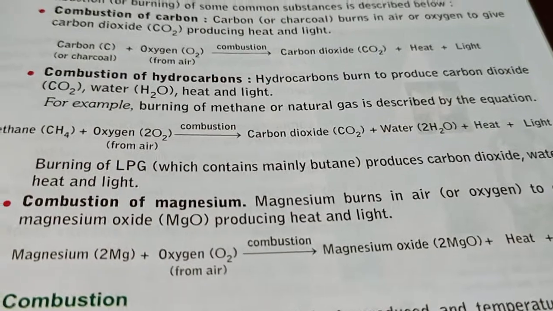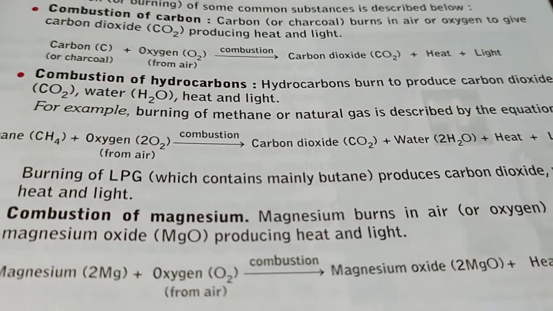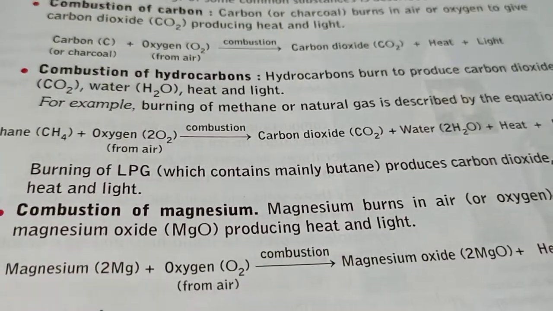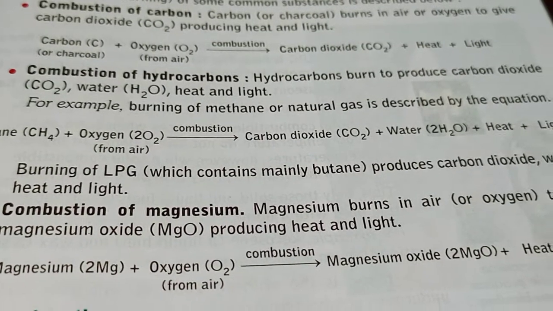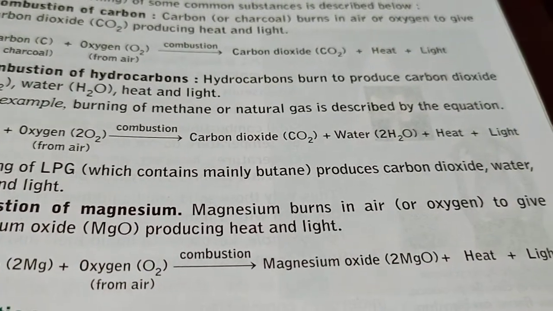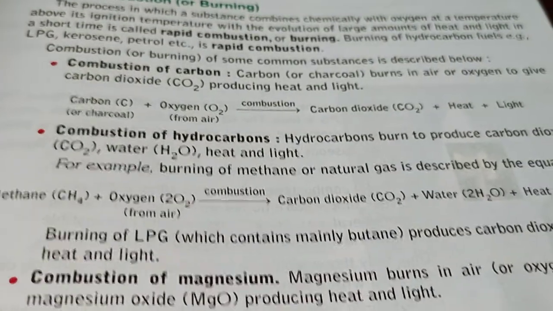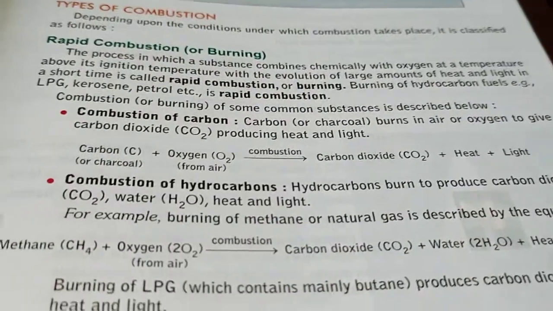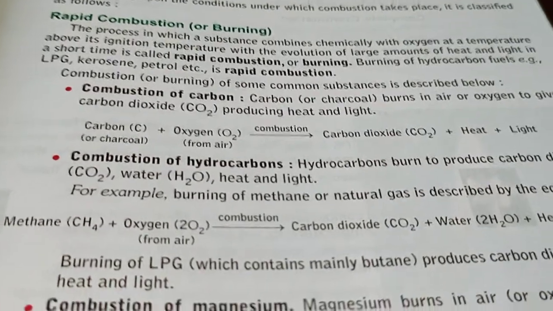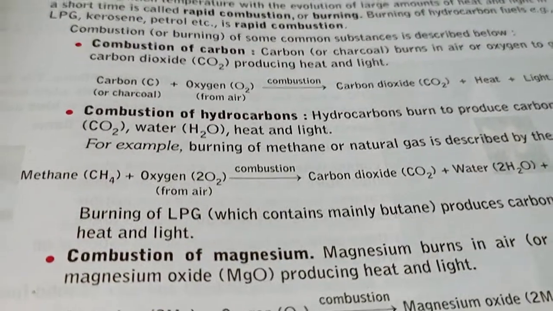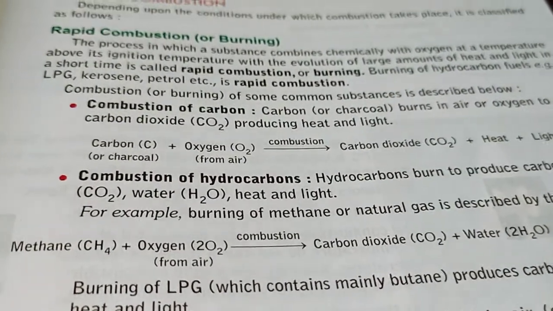Combustion of magnesium: we have already read in the previous chapter, Metals, how magnesium ribbon burns in the presence of oxygen and produces magnesium oxide. Burning of candle, paper, wood and cloth are also examples of rapid combustion.